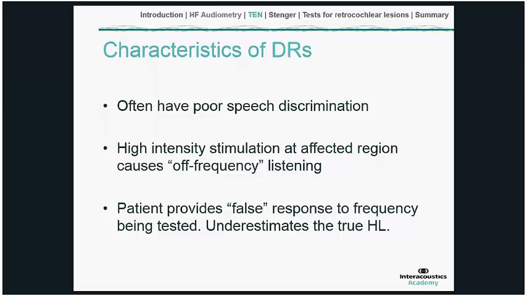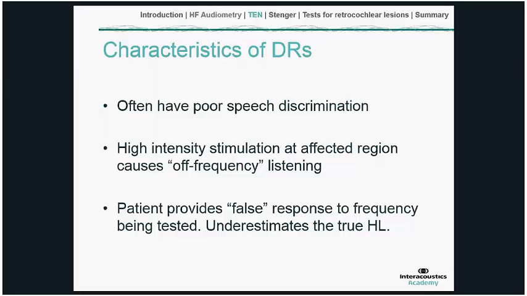And because they can hear it, they are liable to produce, let's say, in inverted commas, a false response. It's not false in the sense that they're providing unreliable responses to the sound, but just that the place at which they detect the sound on the basilar membrane is not the characteristic frequency place for that sound. And so it could lead to the risk of underestimating the true hearing loss.